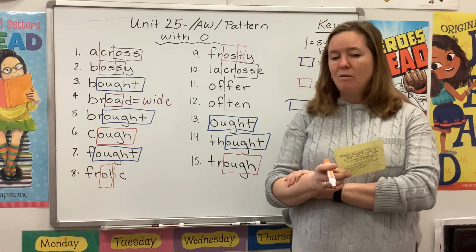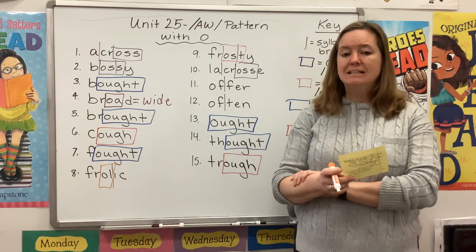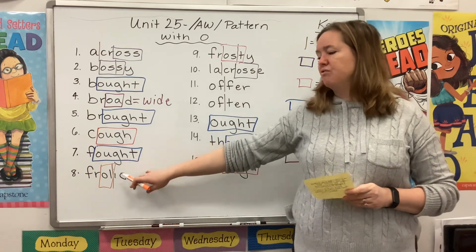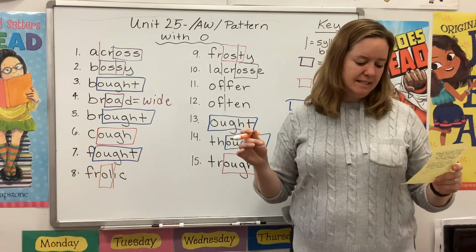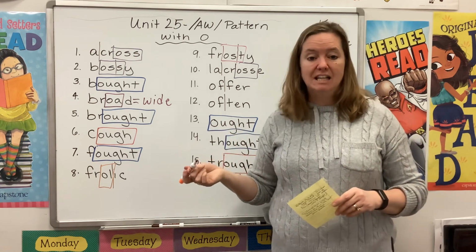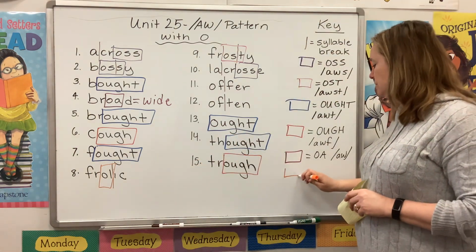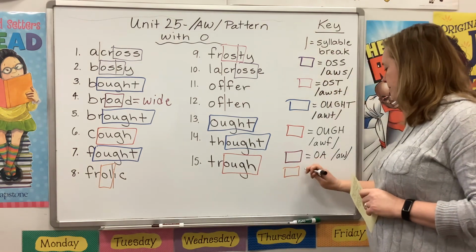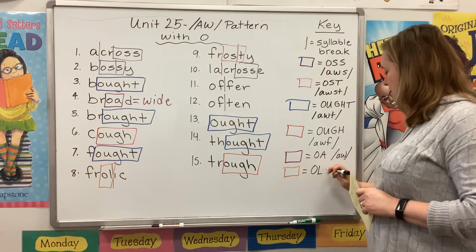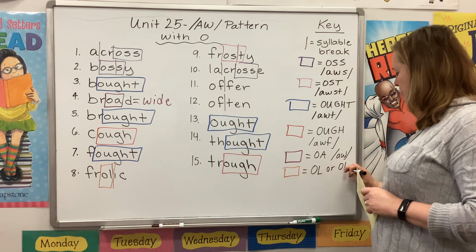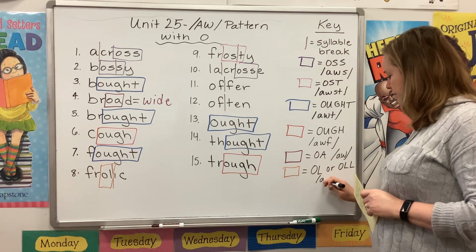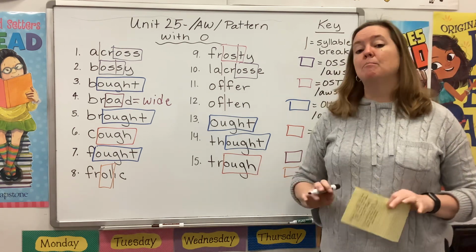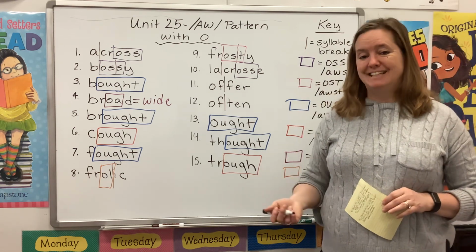So you already know that OLL can make the all sound, but sometimes we just use one L. So in words like frolic or solid, olive, colony, we're going to use just one L. I'm going to say it, but I'm going to put both here just so that we're aware that OL or OLL, they both make that all sound.